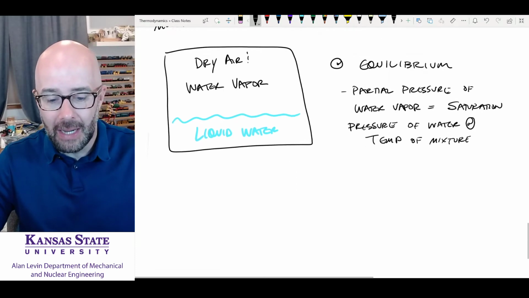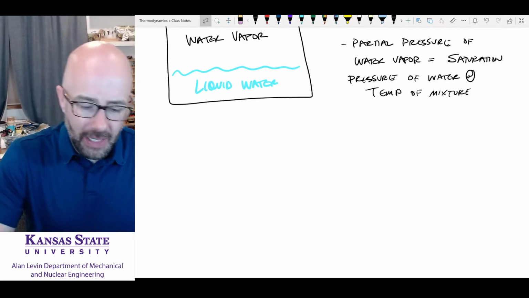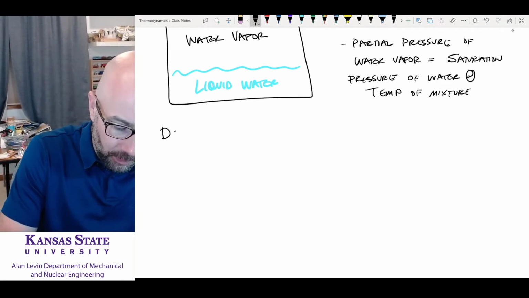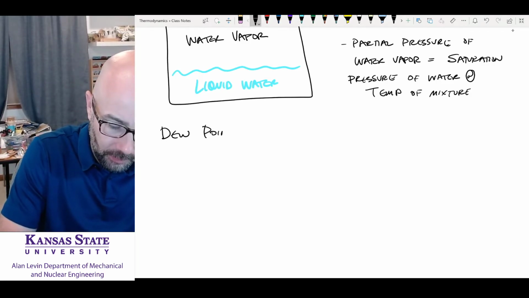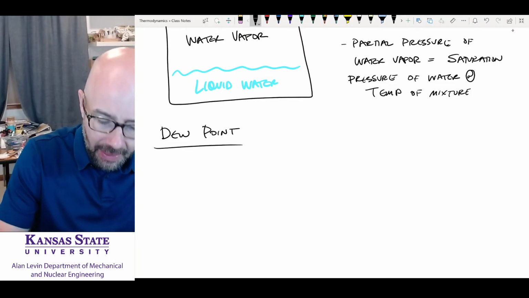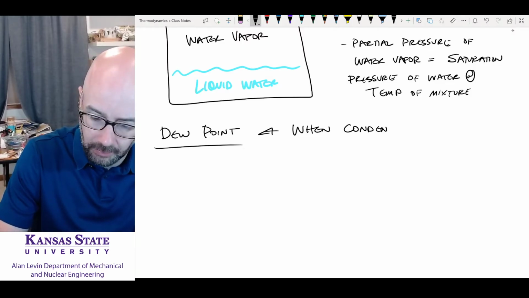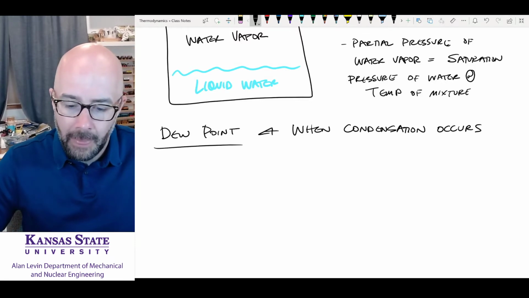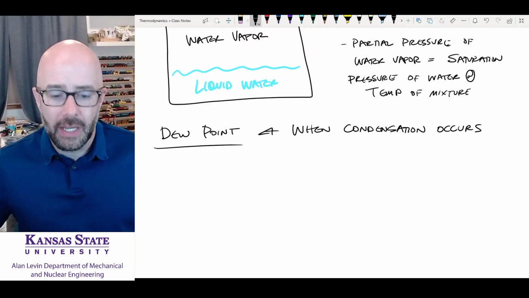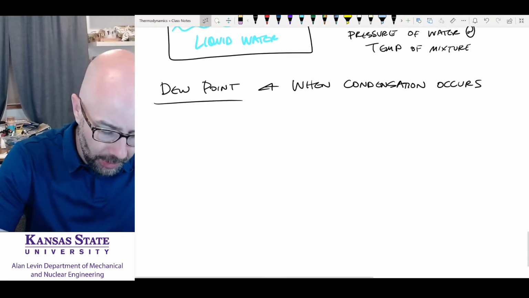Now, the other idea we have to think about is something called dew point. Dew point is when condensation occurs. So here we go.